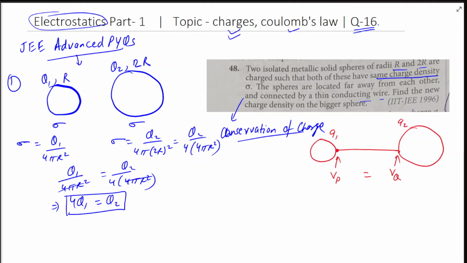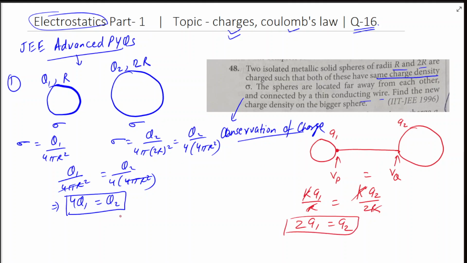Let's equate the potentials. So V will be k q1 by r, which should equal k q2 by 2r. This is the basic formula for potential at the surface of any sphere. So k and r get cancelled, and 2 small q1 should be equal to q2, right?